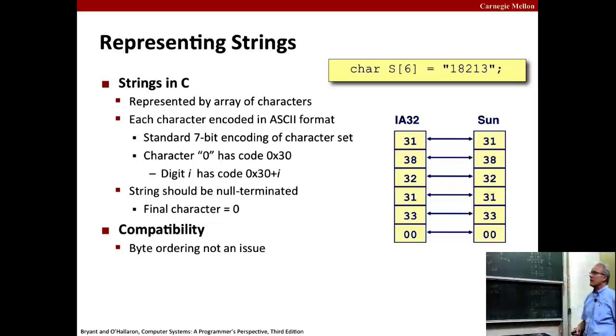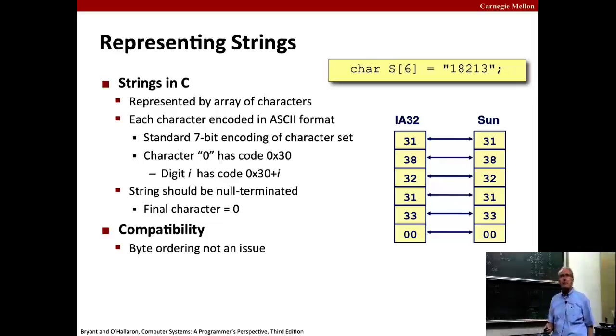These character codes are sometimes called ASCII format, which is a little bit old-fashioned, by the way. There are more modern character codes that can represent non-English alphabets. But the C standard is still back in the days of only supporting the ASCII format.